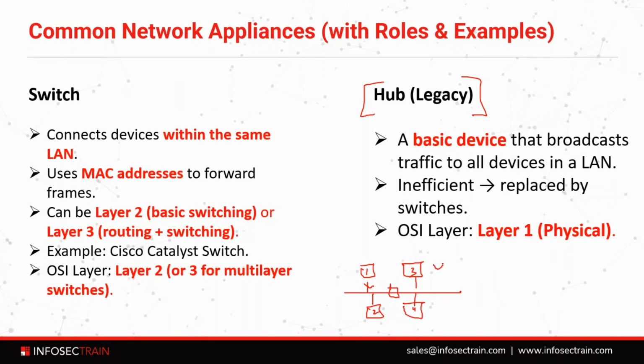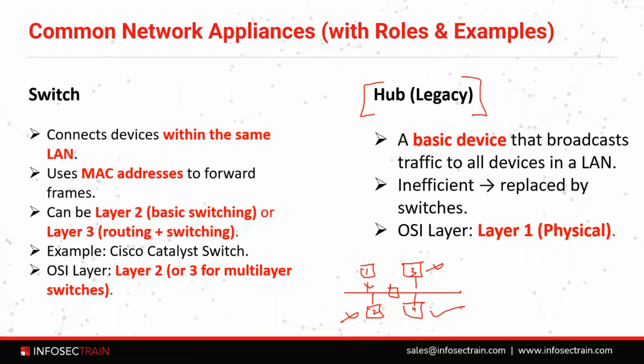Device 3 will check whether it has my IP and my MAC address written. No, it's not mine. 2 will also check whether my IP and MAC address is written. No, that's not mine. 4 will say yes, my IP and MAC address is written, so it will accept the data.